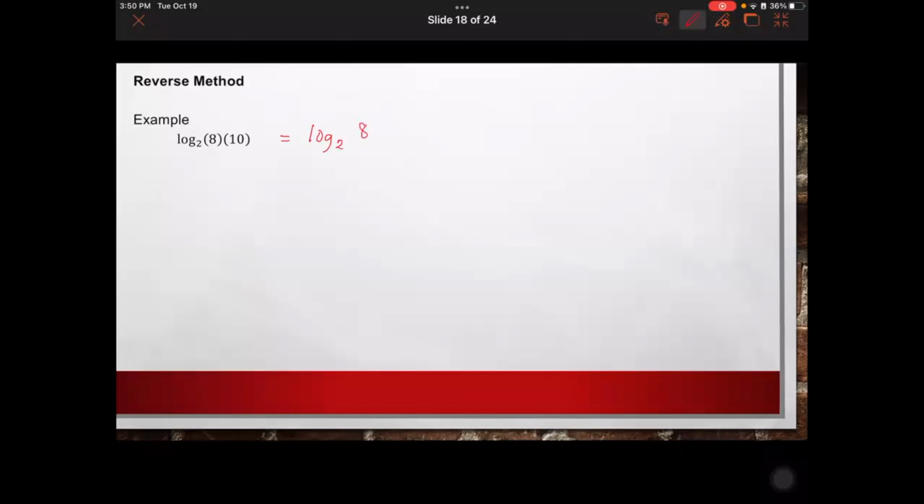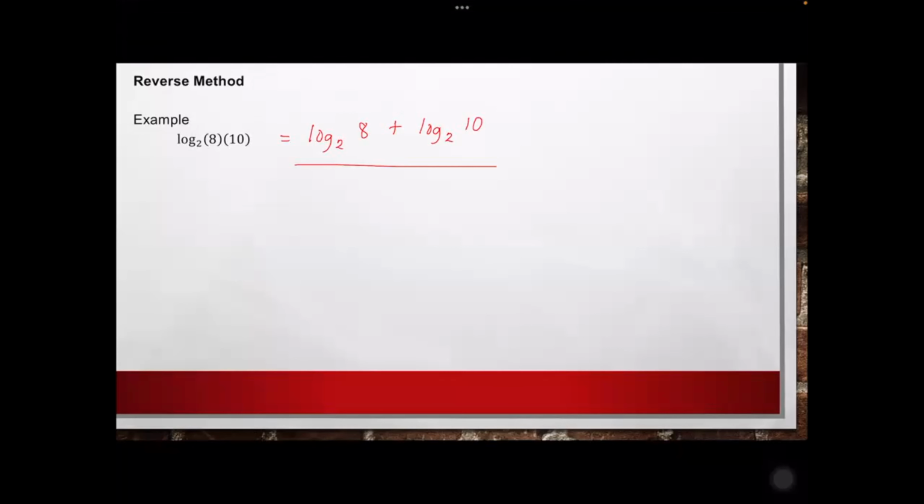Tapos this is 8 plus, since this is a product, so magkakaroon dito tayo ng logarithm of base of 2, and this is 10. And this will be the expanded form or the reverse form. Question? Yan naman.